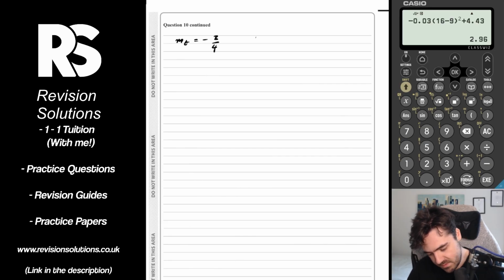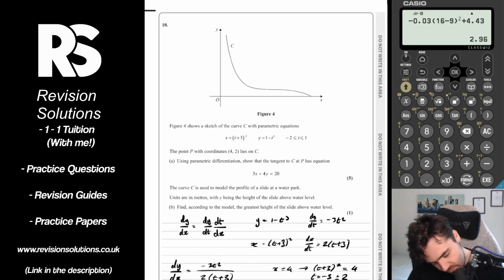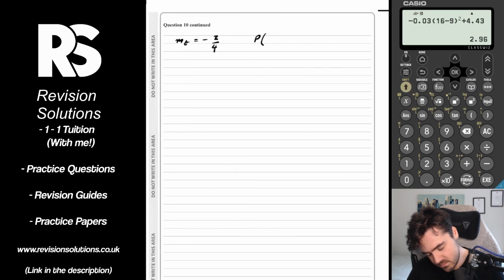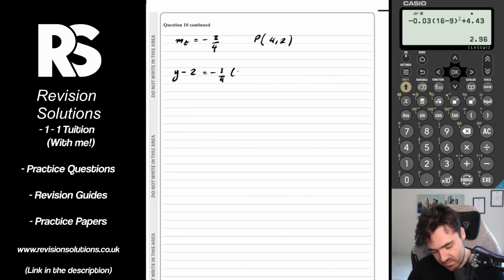So carrying this over, we have a tangent gradient of minus 3 over 4. And we had our point P, which had coordinates of (4, 2). So using y minus y1 equals the gradient times x minus x1, we get y minus 2 equals minus 3/4 times (x minus 4). Then let's multiply everything by 4.